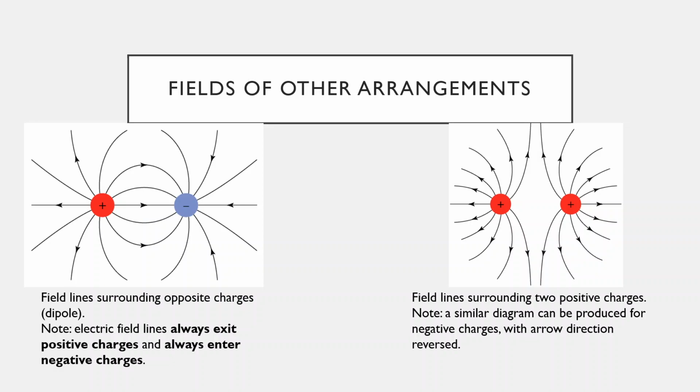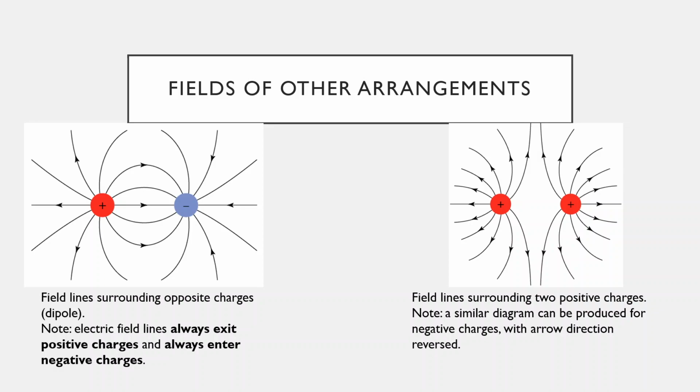So if you're presented with a question and it says draw the electric field surrounding two charges like this, you just got to make sure you're drawing the field lines out of positive and into negative. And this picture here might remind you of a magnetic field around a bar magnet. It's very similar. So just try and commit these pictures to memory.